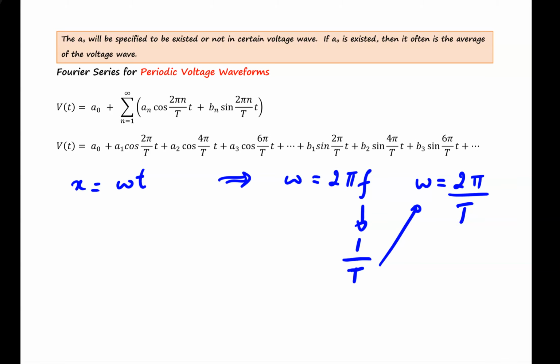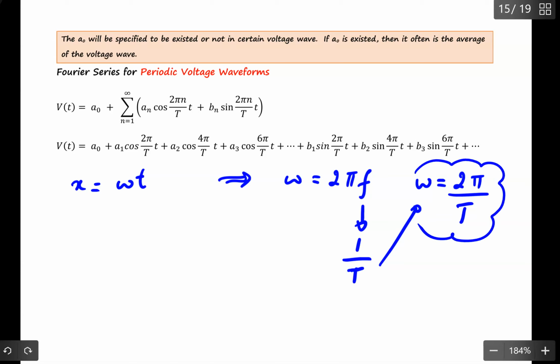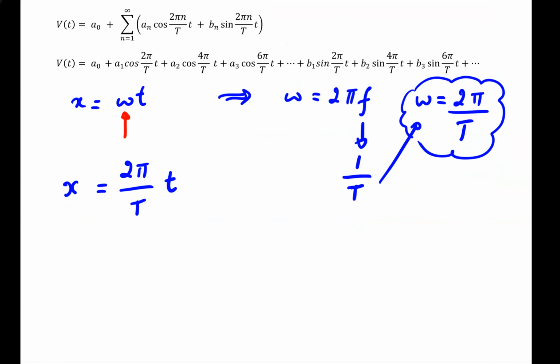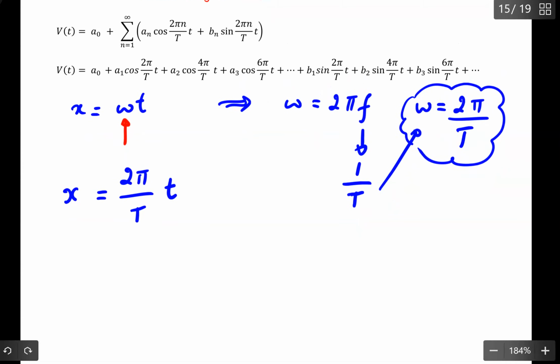So omega, my angular velocity, is 2 pi over the period T. Now I'm going to substitute omega in here. So x will be equal to 2 pi over the period T times t. Instead of writing x, I will replace x by 2 pi over T times t.